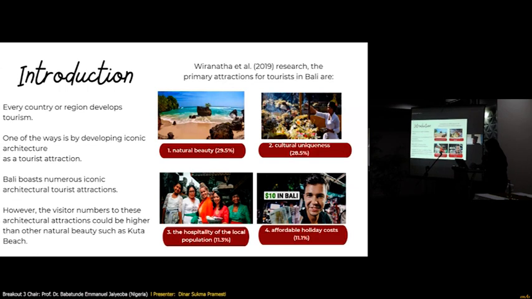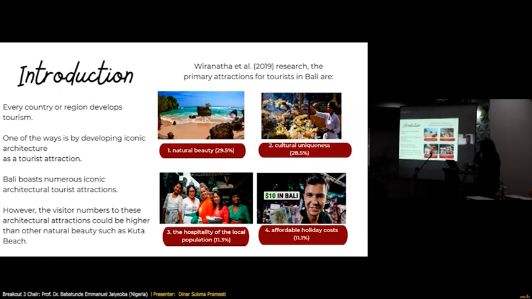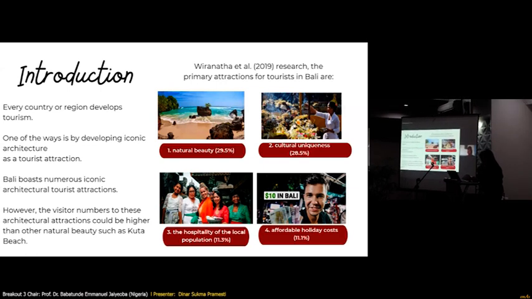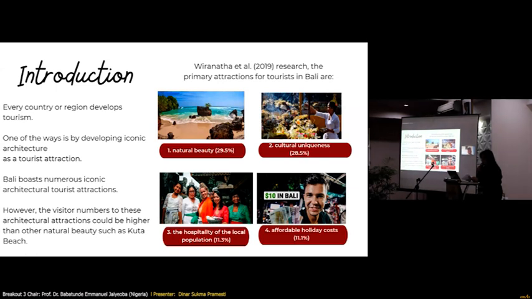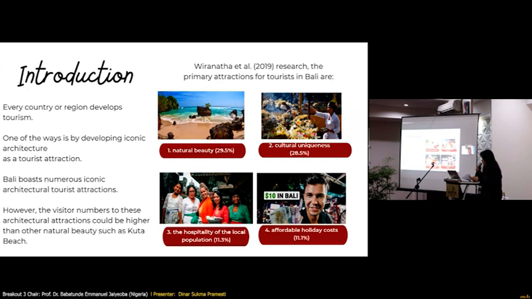This research is motivated by the fact that every country wants to develop tourism. One of the ways is by developing iconic architecture as a tourist attraction. For example, Spain has the Guggenheim Museum, Sydney has the Sydney Opera House, and France has the Eiffel Tower.